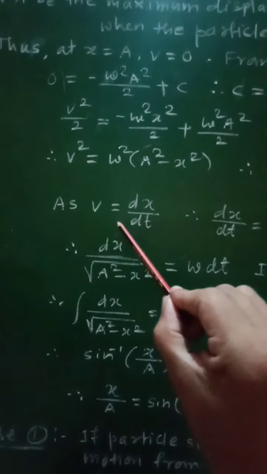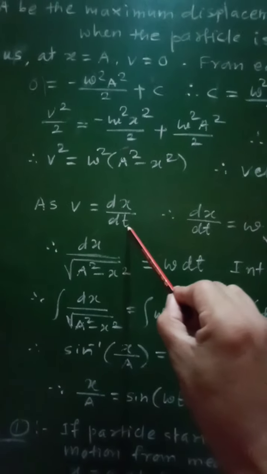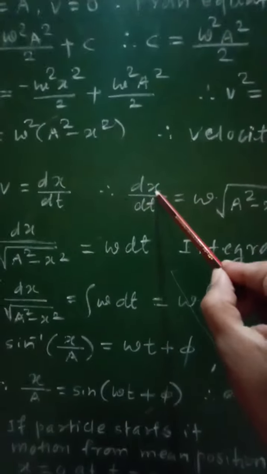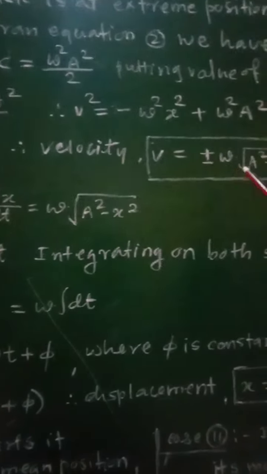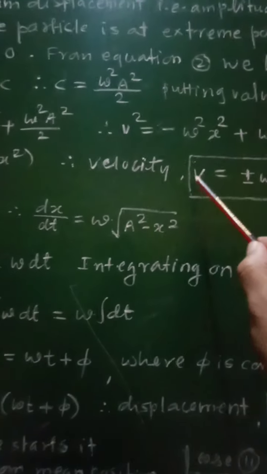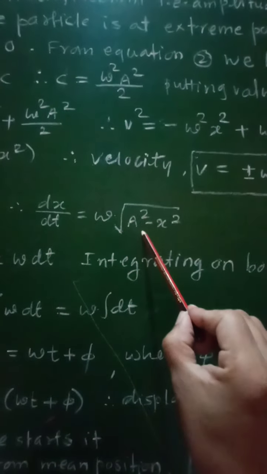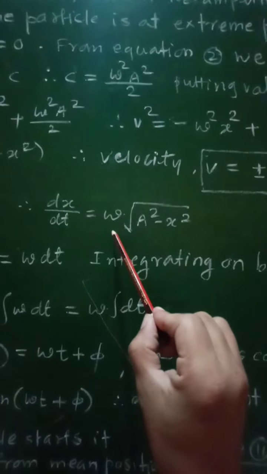Now, in order to obtain the expression for displacement, again this velocity is dx by dt, and therefore we can write dx by dt equal to omega into root of a square minus x square. So in place of velocity we have written dx by dt. Instead of plus minus we have considered here only the magnitude, that is omega root of a square minus x square.